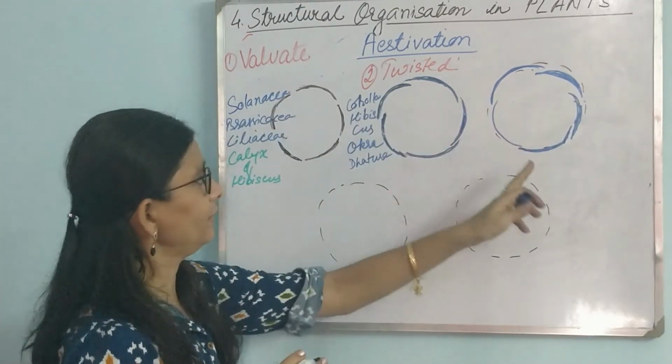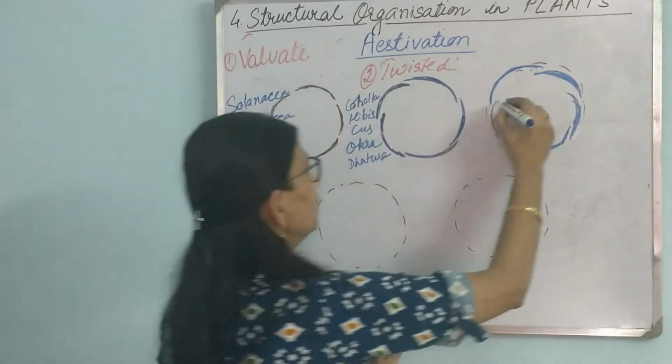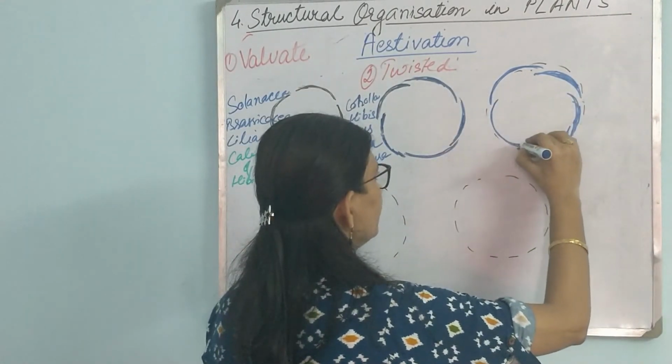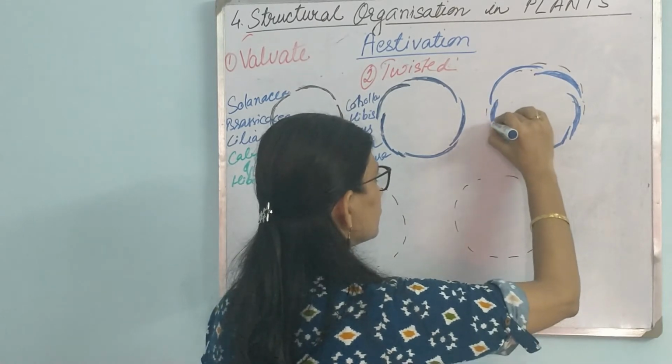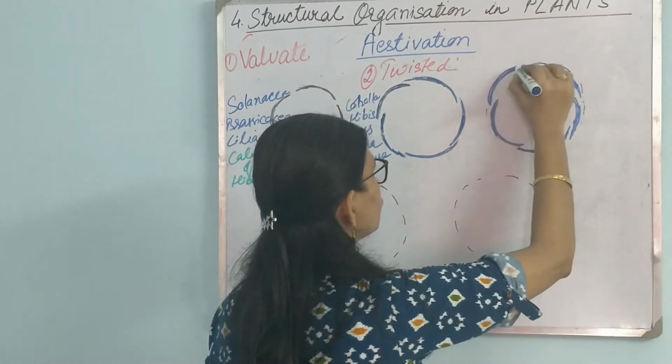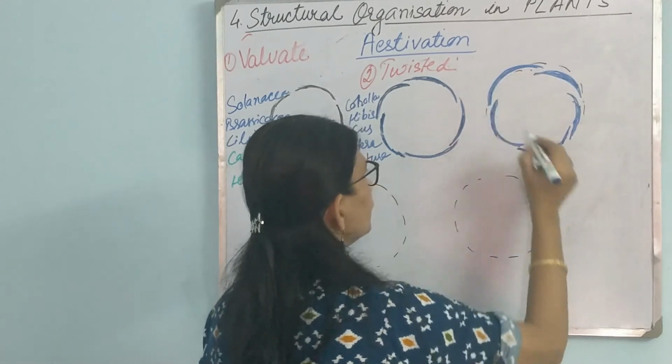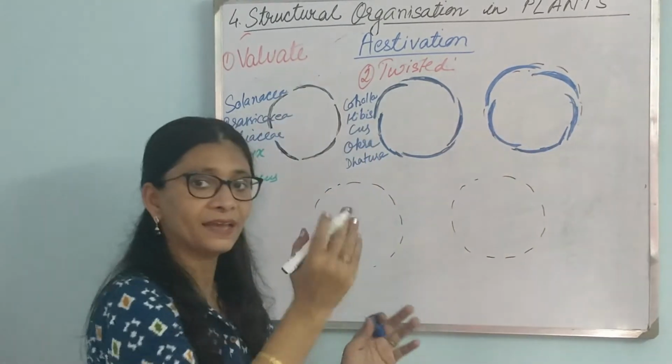One of the members is totally inside, and one member is totally outside, and the rest are inside outside.